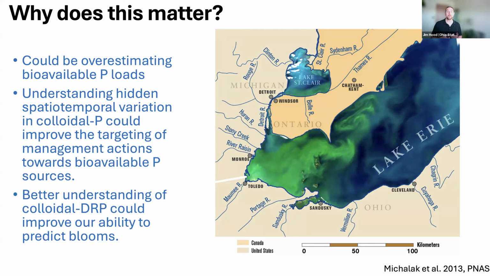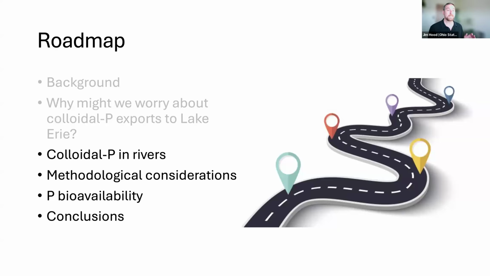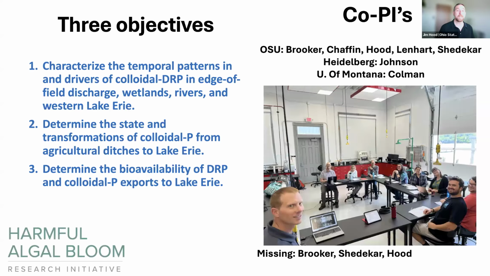We also thought that a better understanding of colloidal DRP could improve our ability to predict blooms. So based on all of these things, we put together this big interdisciplinary team, resting on the assumption that there was a lot of colloidal DRP out there in the world.